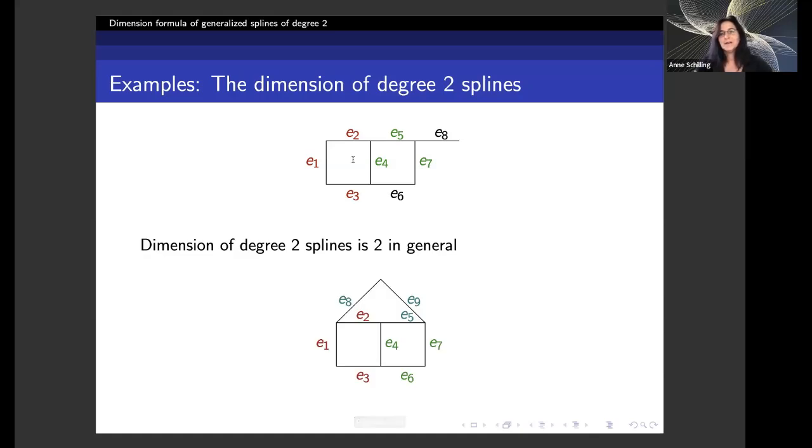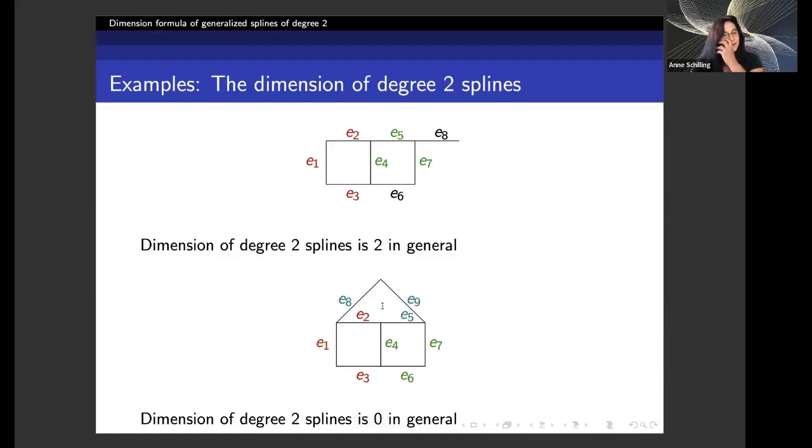Here's another example. Again, you can check that there are no contractible subset of faces. And here is again one particular edge injective function. I associate edges 1, 2, 3 to this face, 4, 6, 7 to this face, and then 5, 8, 9 to this one.